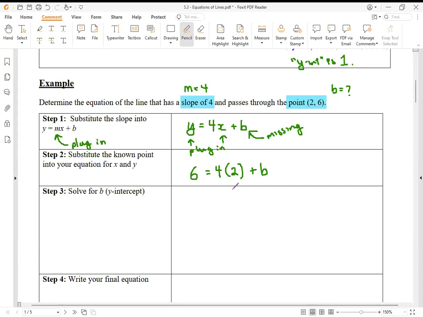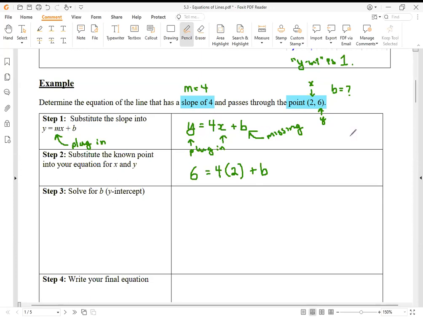Does that make sense? How do you know what to put where? Well, the question says I have a slope and it goes through (2, 6), right? So I have a slope of 4, and I don't know what b is, but I do know that when x equals 2, my y value is 6.